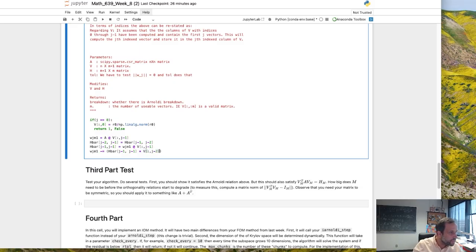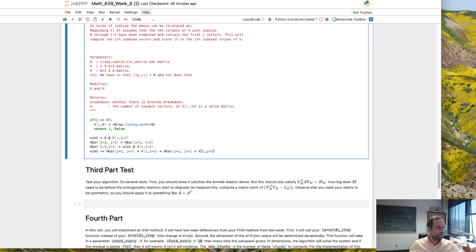So it's minus equal this, and then plus h bar j minus 1, j minus 1, and then times vj minus 1.